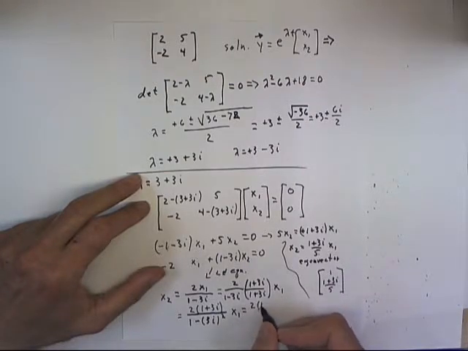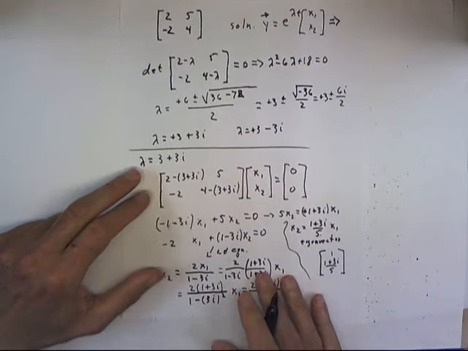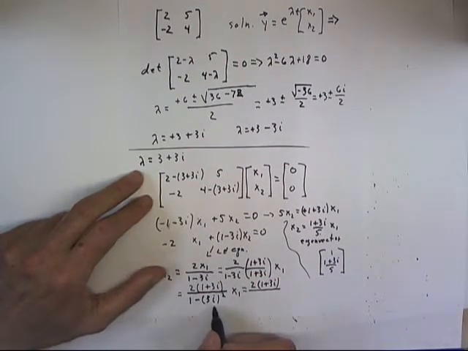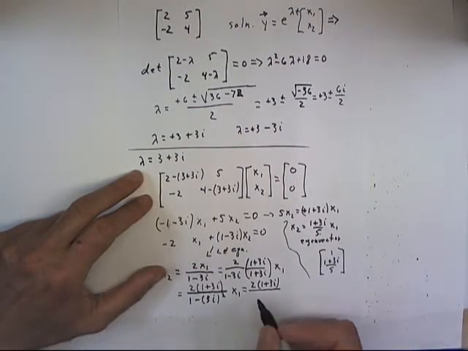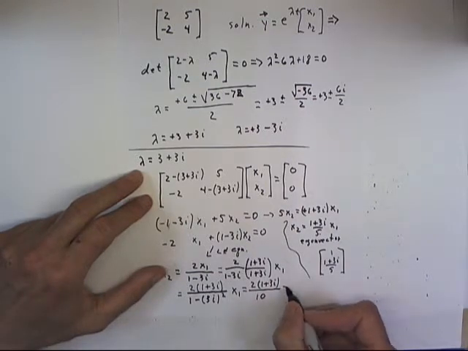So we now have 2 times 1 plus 3i divided by, well, 3i squared is 9 times i squared, which is negative 9, because i squared is negative 1. So negative the square of 3i is plus 9, which is going to give us 10 in the denominator.